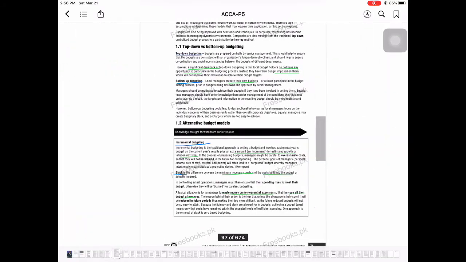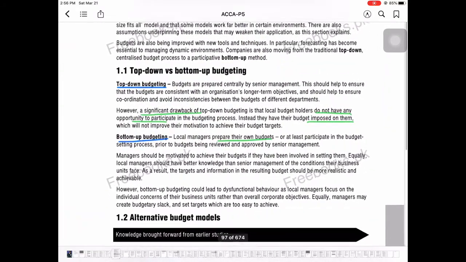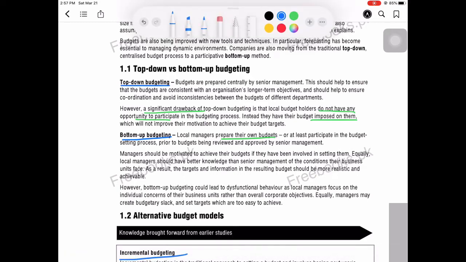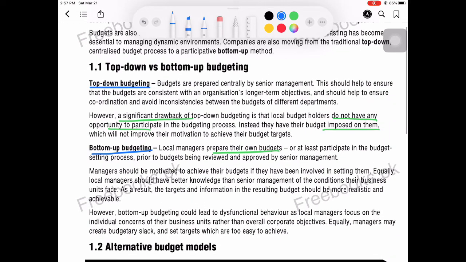So as I said, it will depend on what type of organization you have or what type of business you are active in, and how the budgeting model that you have selected will be most beneficial to you. Based on the advantages and disadvantages it has, you will select the budgeting model and proceed with it for your organization. So the first one that comes on the list is top down versus bottom up budgeting.